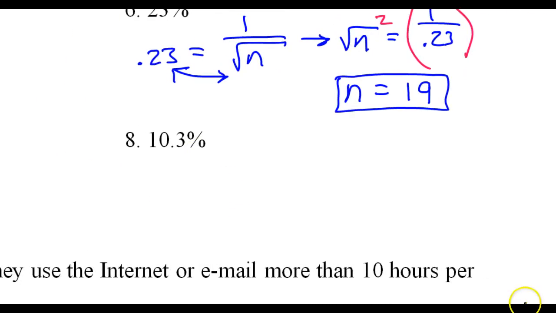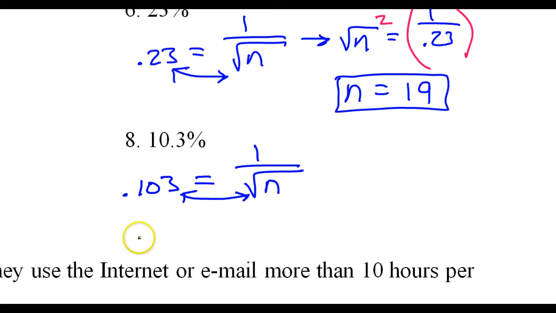Alright, last one. It's really just the same thing over and over. If I move the decimal point twice, that's going to give me 0.103, and that should equal 1 over the square root of the sample size. Do the swap. That tells me the square root of the sample size should equal 1 over 0.103.